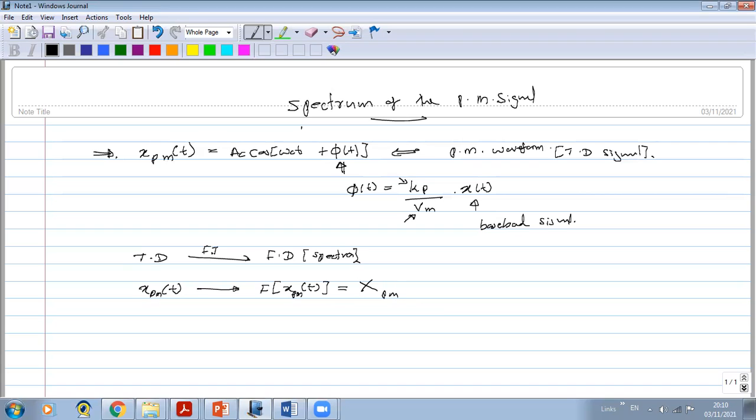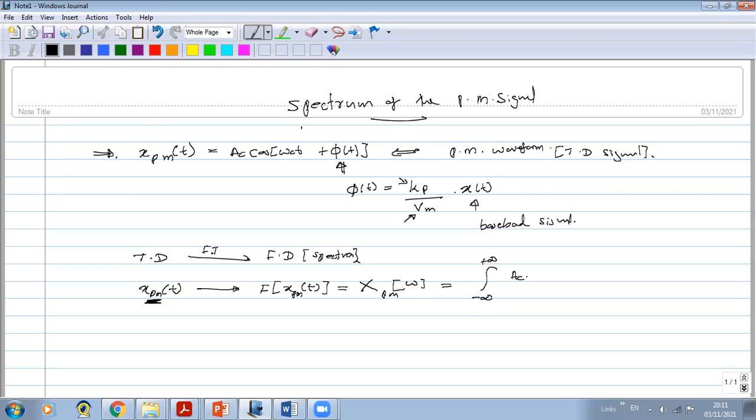We can denote it by capital X(ω). And this can be evaluated through the integral. You already know that. From minus infinity to plus infinity, our modulated signal, our time domain signal. This is this one.